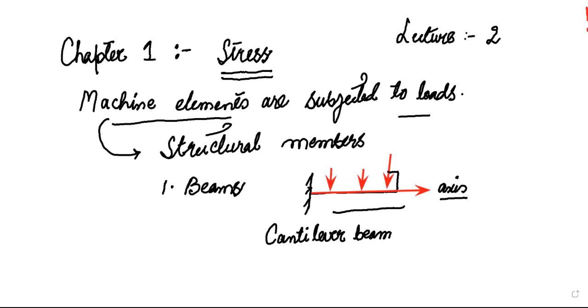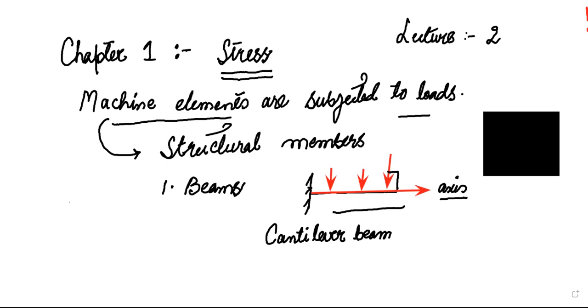In the same way, let me suppose we have a slab. Here we have a slab, and this slab is subjected to loads, and the loads on the slab are in this direction, the downward direction.